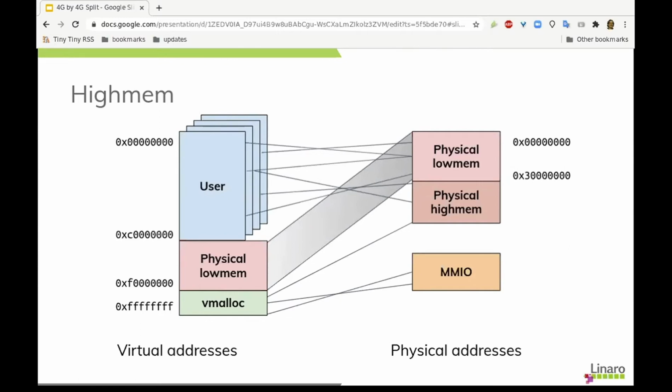And a user process has a random mapping of physical pages, 4 kilobyte pages, between the physical address on the right and the virtual address on the left. But in kernel space, only the lowmem is mapped. So if we want to access Highmem pages from the kernel, we have to map them into the vmalloc area dynamically, do whatever action we need to do, and then unmap them again to get the space back, because we can't map it all at once. That's the whole point.